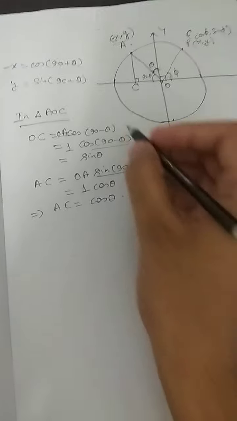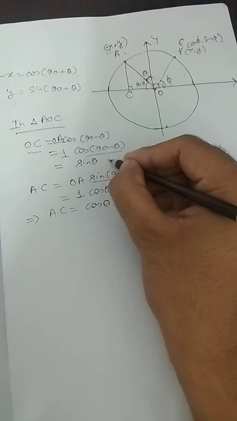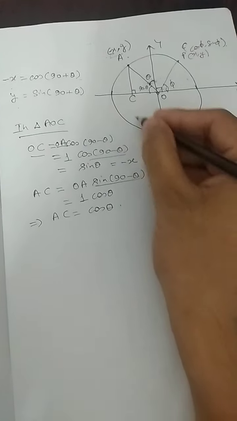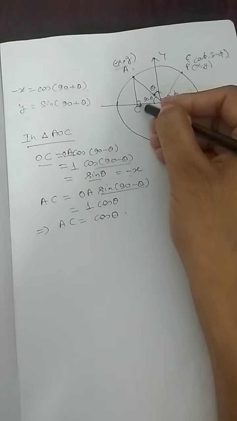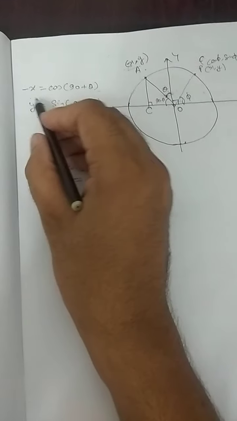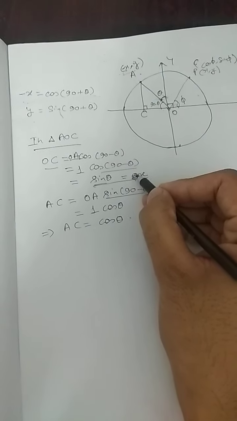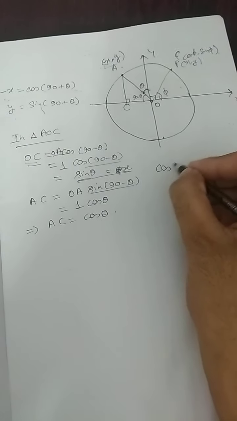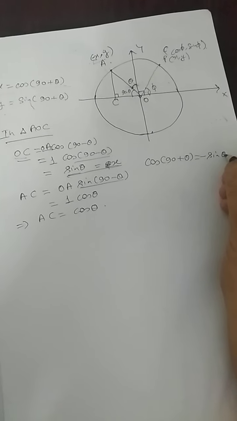And notionally OC is equal to minus x, that is, the magnitude of OC will be sine theta, but notionally it is minus x. Therefore if we equate these, we shall exclude the minus here, as OC is the magnitude. Therefore we can write cos of 90 plus theta is actually minus sine theta.